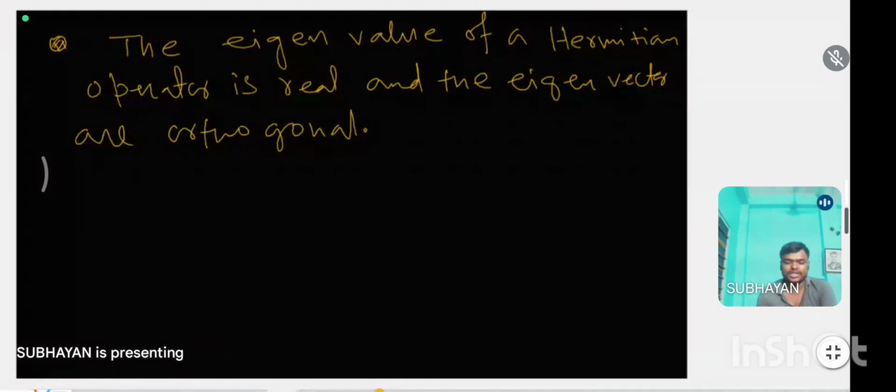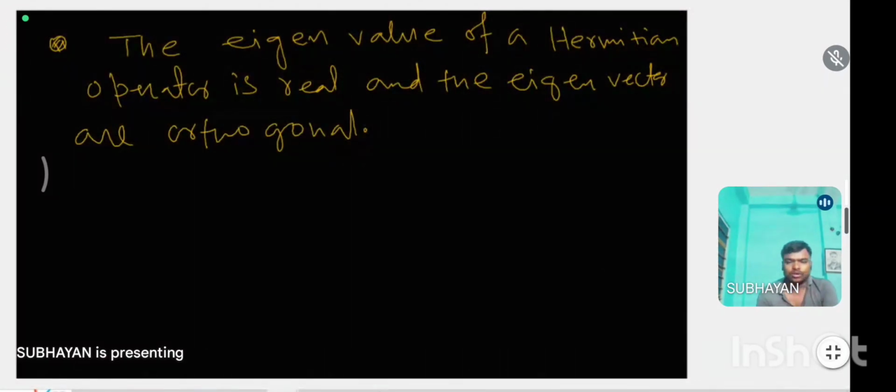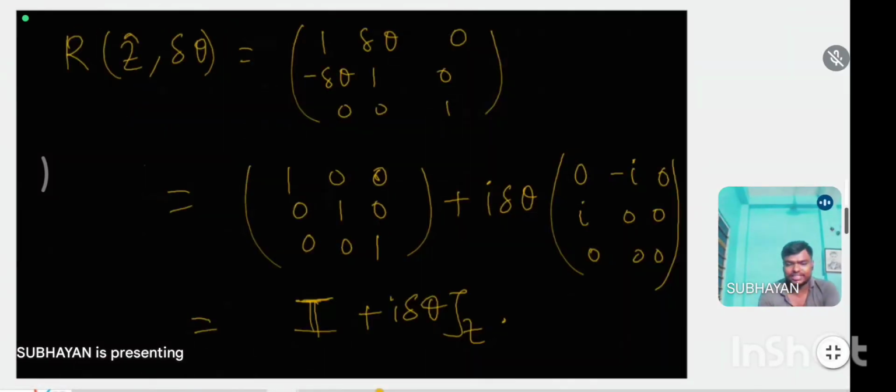So these are the properties of a Hermitian operator or Hermitian matrix. So if we want to describe this rotational scenario in relation to some quantum mechanical operator, we must express it in some Hermitian matrix form, so that you can associate its physical significance with some quantity which can be used in quantum mechanics as the operator.